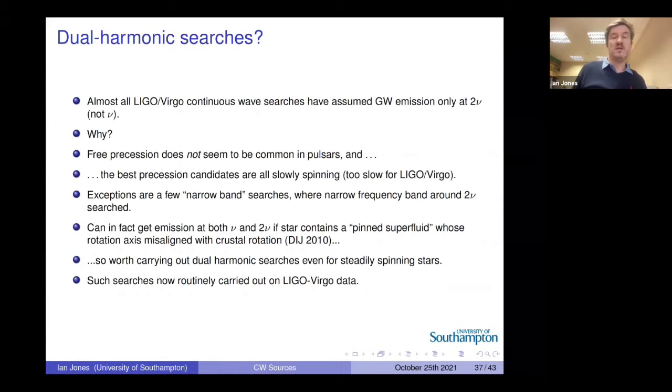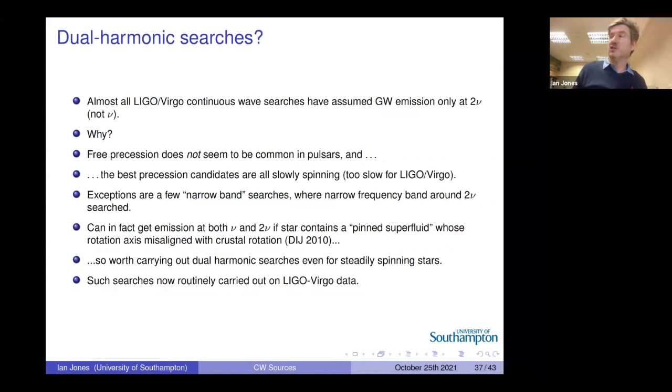But if you do go searching for free precession, it's a bit complicated because this gravitational wave emission is not at exactly the spin frequency and twice the spin frequency. There's some small offset. So what you then have to do is perform one of these so-called narrow band searches. A narrow band means that you're not assuming that you know exactly the frequency.